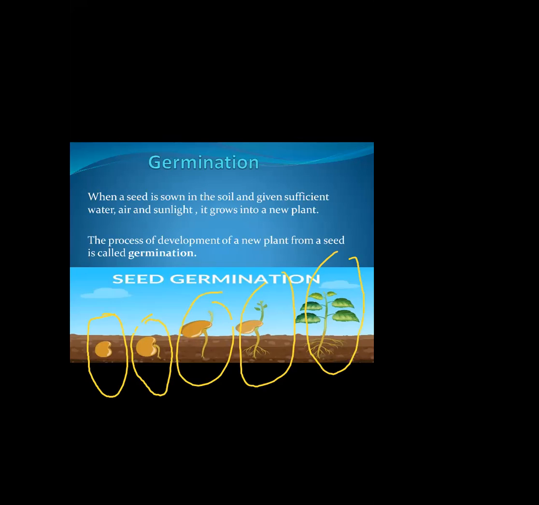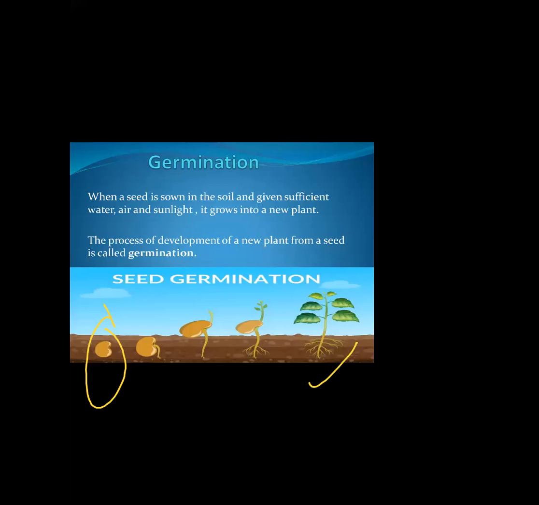The process of development of a new plant from a seed is known as germination. It means when you are sowing a seed into the soil, you are preparing a seed to germinate. So a new plant grows because of this seed germination.